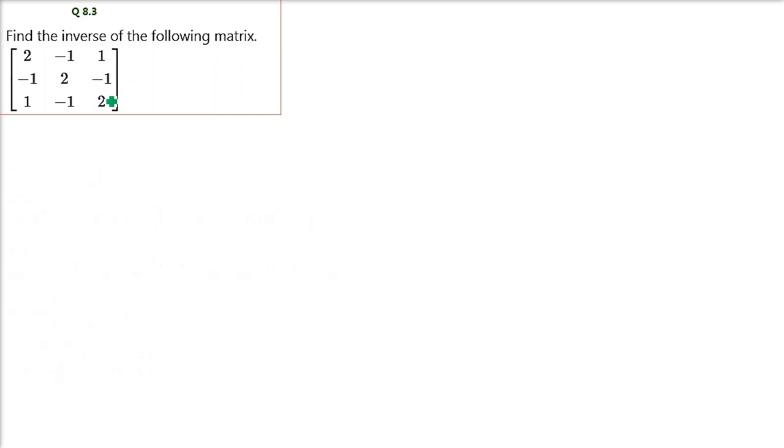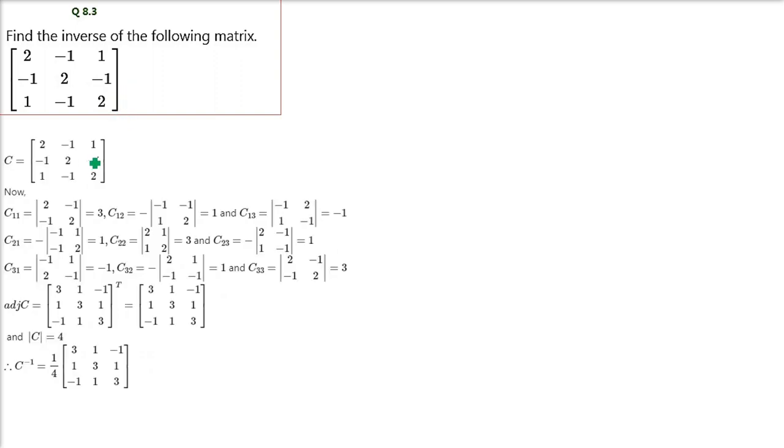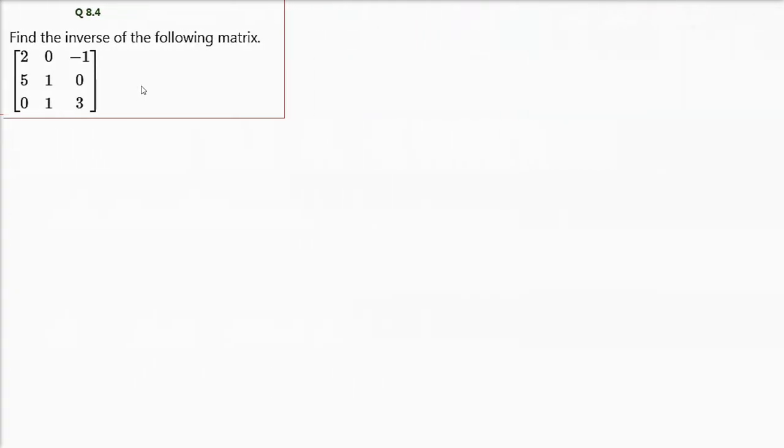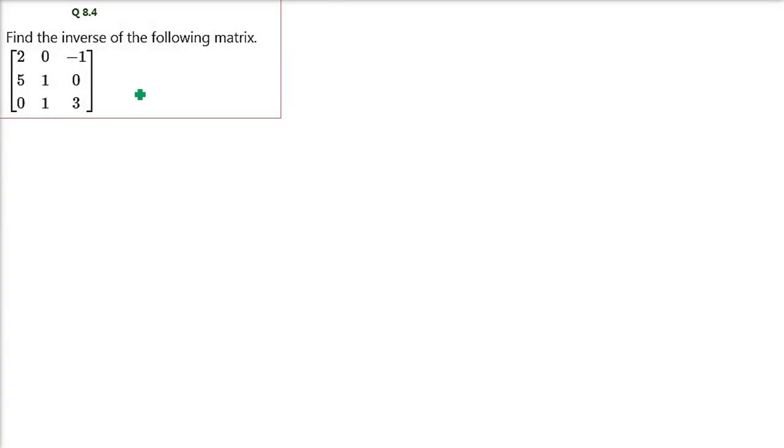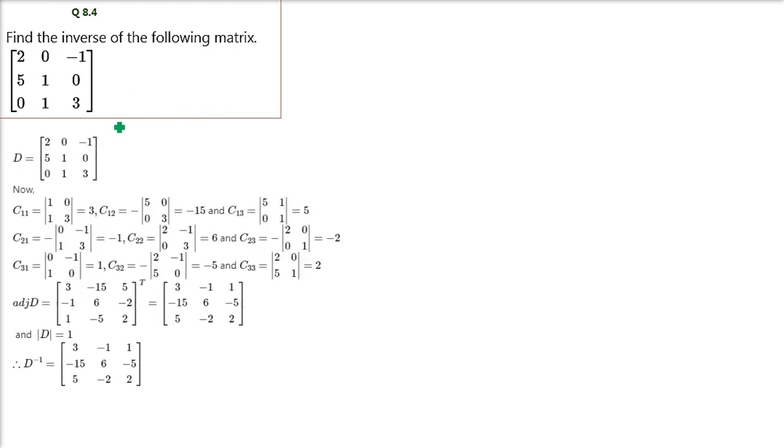One more here. Please remember, there is always a problem while you are doing an examination with the negative sign and positive sign, so that has to be taken care of very keenly. Same thing here, same kind of question. I'll just show you the answer, and encourage you to do it yourself first.